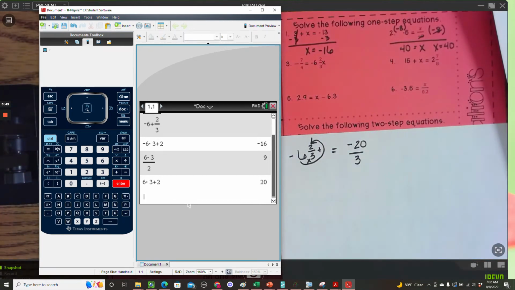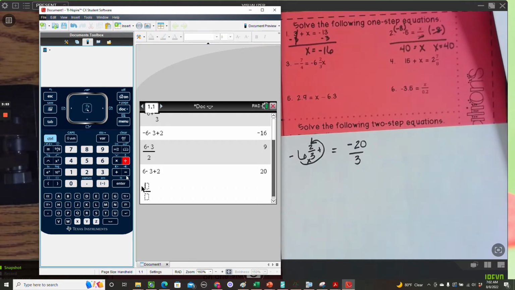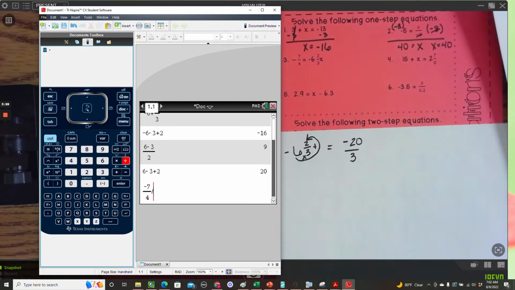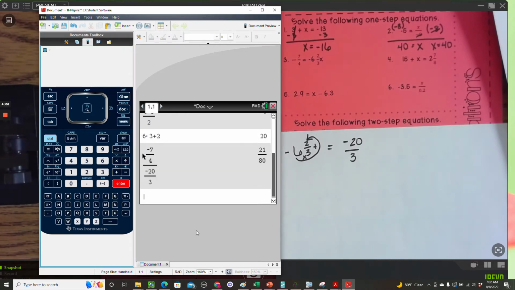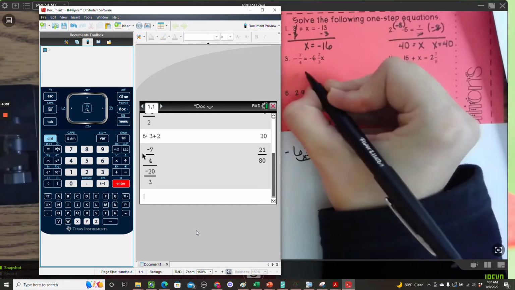So if I try this again, and I do negative 7 over 4 divided by, and this time I'm going to use the improper fraction I created, negative 20 over 3, I get 21 over 80. That's what my answer should be.